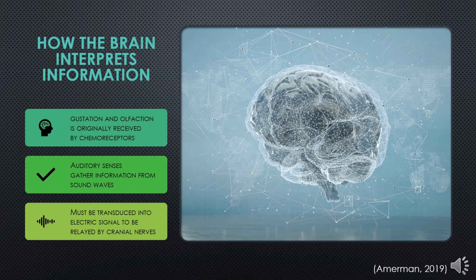The information from both gustation and olfaction is originally received by chemoreceptors, which respond to chemicals. Auditory senses gather information from sound waves, from which depolarized hair cells generate action potentials. In order for the brain to interpret information from those senses, they have to be transduced into electric signals.